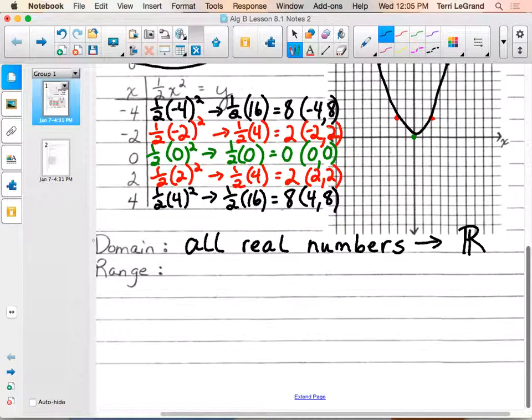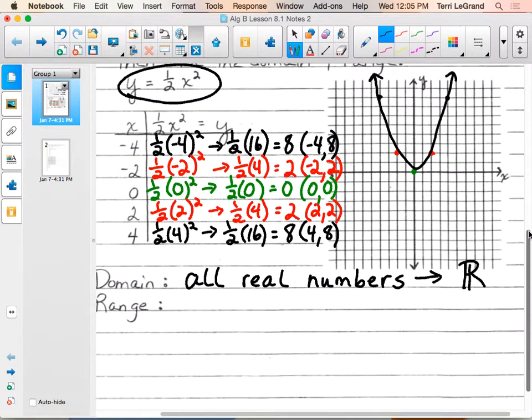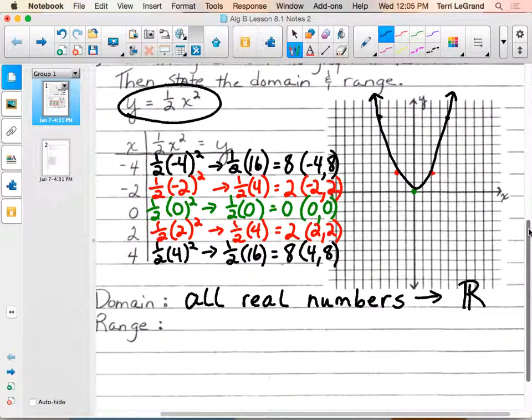Okay? Now, the range. Is the range all real numbers? In other words, for points on here, can you have any y value you want? Are any points on that curve going to have a y value of -5? No. You sure?